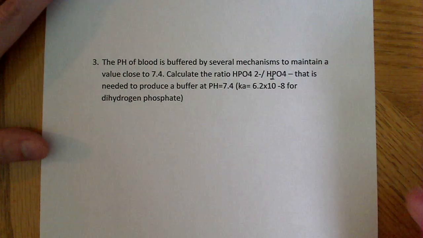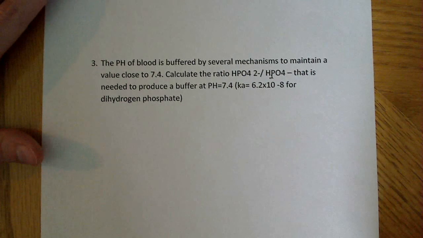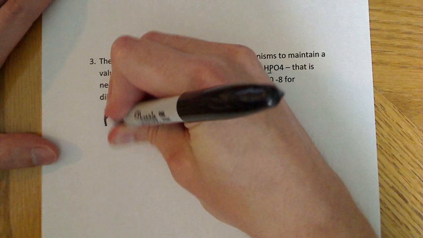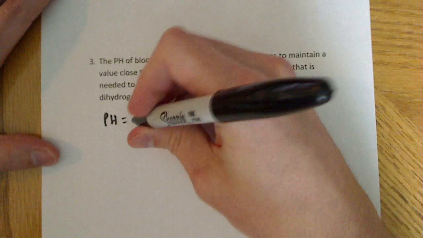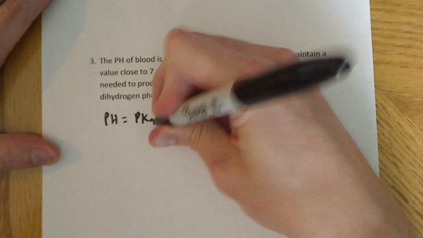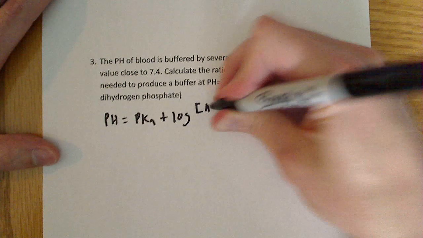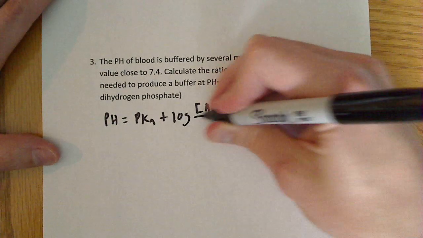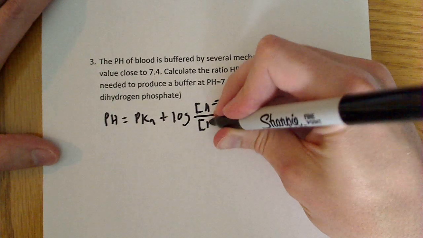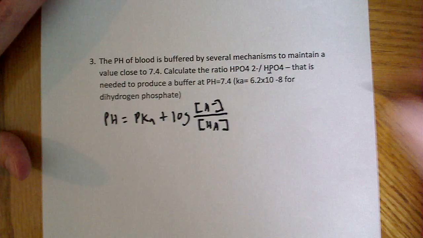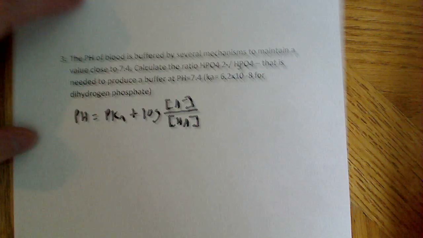Let's start out. We're making a buffer here, so we know we're probably going to be using the Henderson-Hasselbalch equation. So we could say the pH is equal to the pKa plus the log of A- over HA, the deprotonated over the protonated versions.